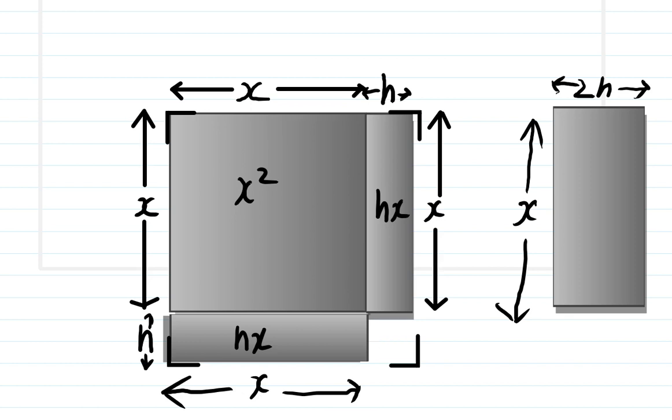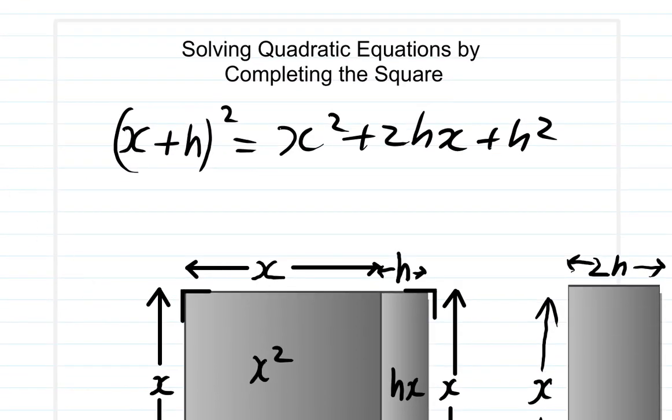How do we complete the square? What we do is add this part. Remember, we already saw that we had these two parts completed, which consisted of a square and two rectangles.